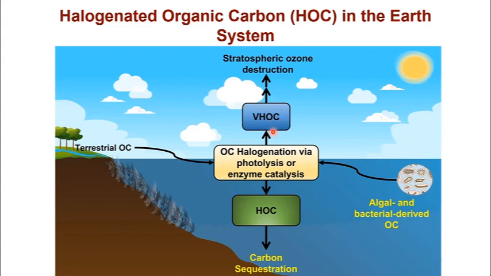When they are volatile, they contribute to the catalytic destruction of stratospheric ozone. However, I have reason to believe there is another portion that is not volatile, and some of those can be pretty persistent, just as we think about persistent organic pollutants.